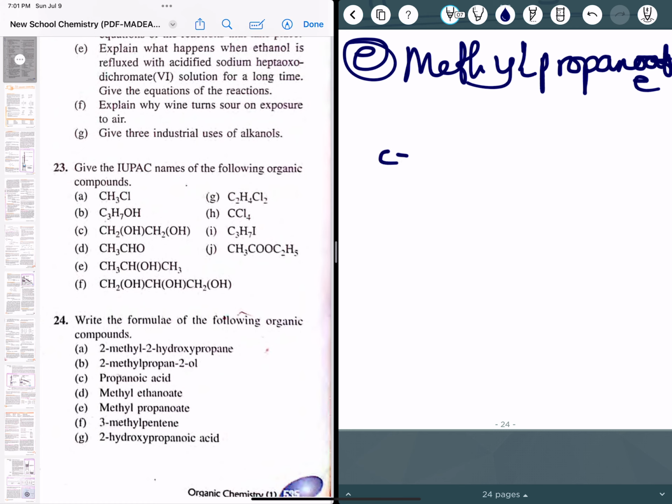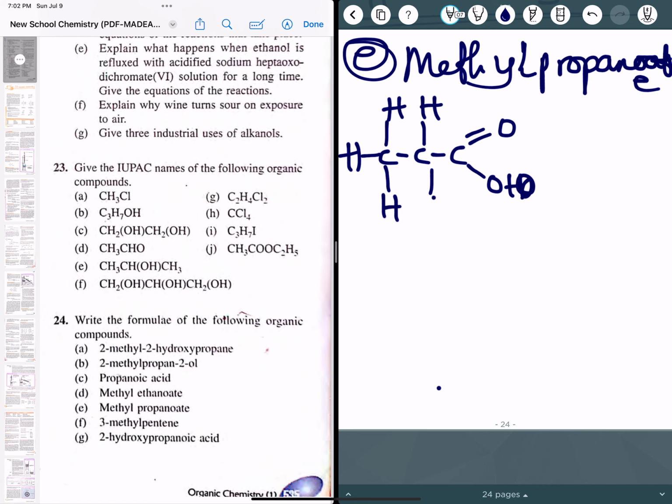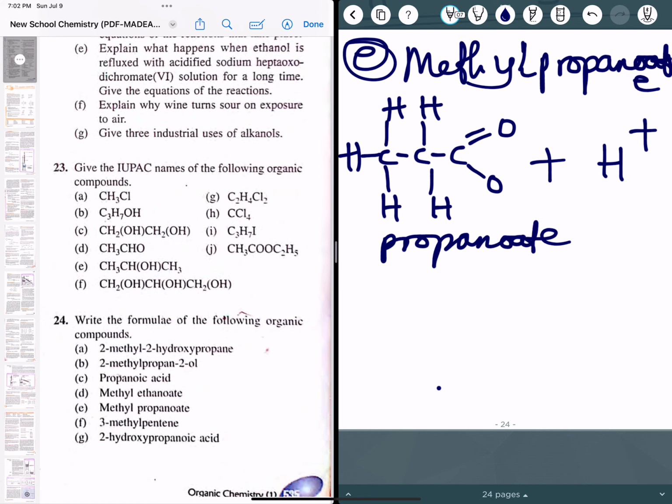Propanoic acid, like we did in the previous example, is CH3CH2COOH. This is propanoic acid. But it can dissociate to give off this hydrogen and form propanoate ion and hydrogen ion.